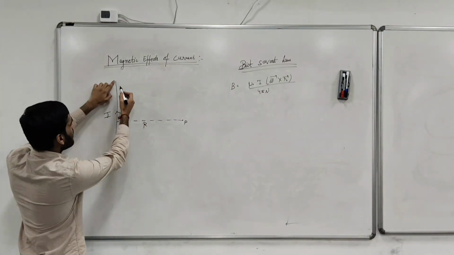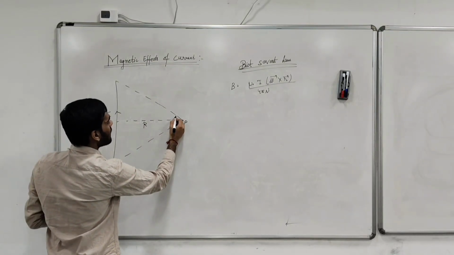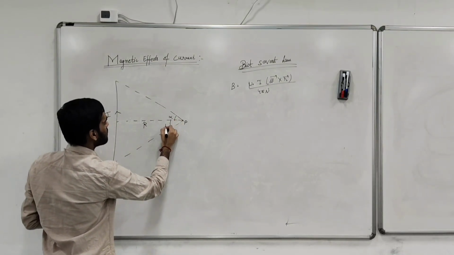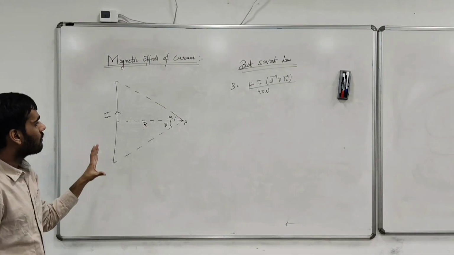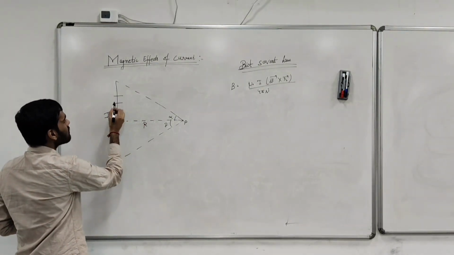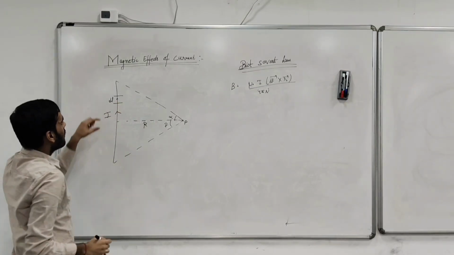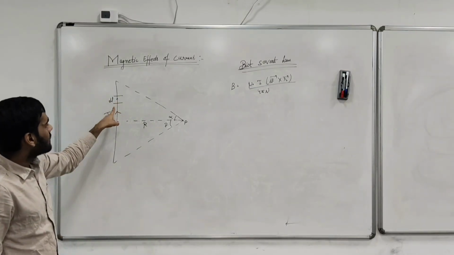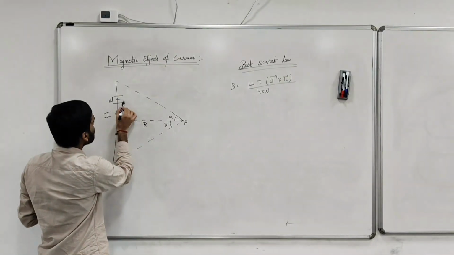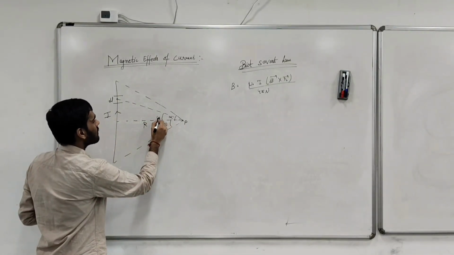This end of the wire and this end of the wire make angles alpha and beta respectively. Simply, we will proceed with the same approach. We will take a small infinitesimal current element dl, and we will calculate the magnetic field produced by this element at point P. Let's take this angle as theta.